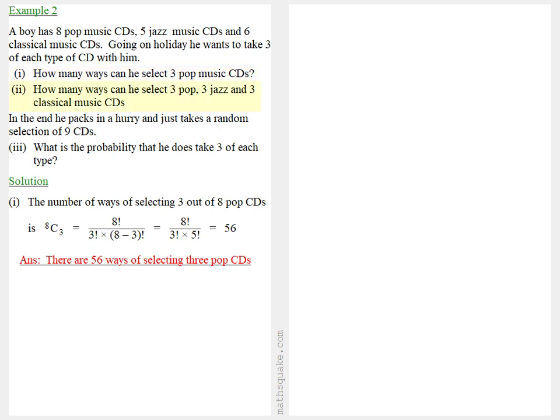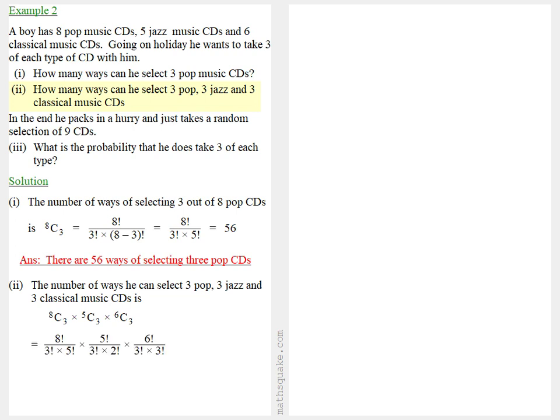Now in part 2, how many ways can he select 3 pop, 3 jazz and 3 classical music CDs? Well, to select them, it's going to be 8C3 pop CDs times 5C3 jazz CDs times 6C3 classical music CDs.